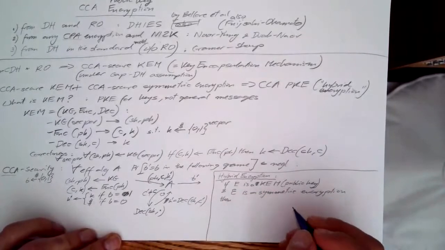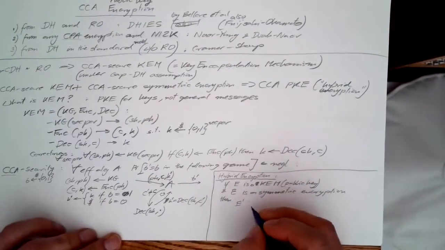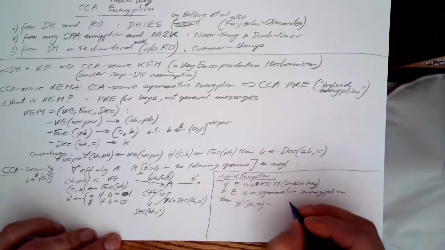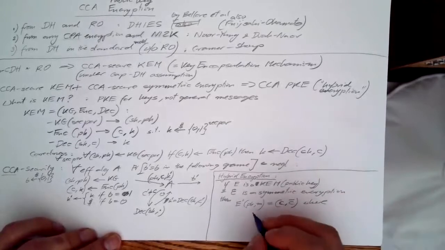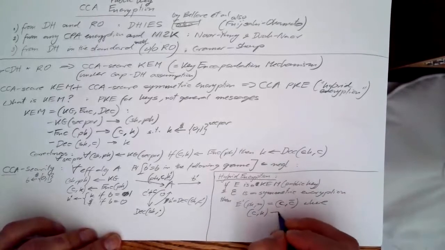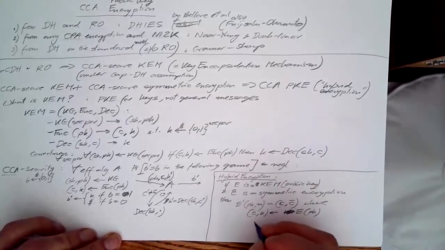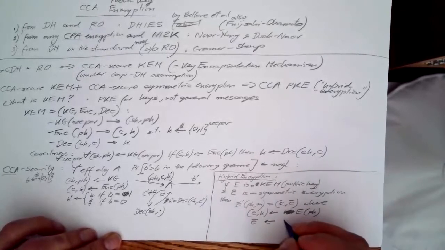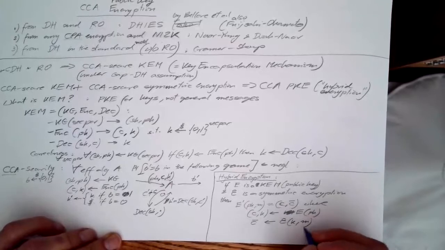Then E prime takes a public key and a message and outputs two ciphertexts, C and C hat, where C and the key K are generated by the KEM encryption, E on PK, and C hat is generated using the symmetric key encryption, using the resulting key and the message.